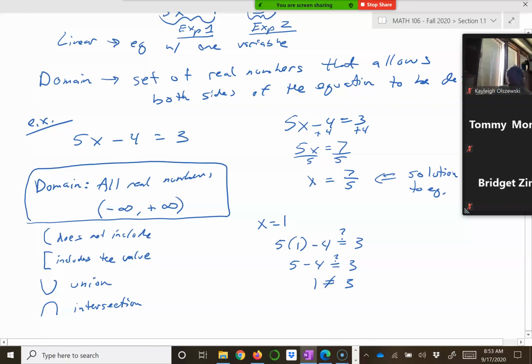So 1 does not equal 3, which just means this is not a solution. So you could have values of x that are not solutions to the equation, but they are in the domain. And because we're talking about a linear equation, linear equations can only have one solution.